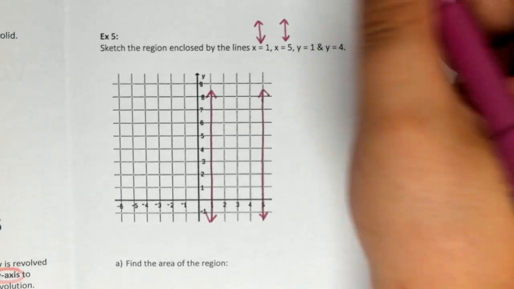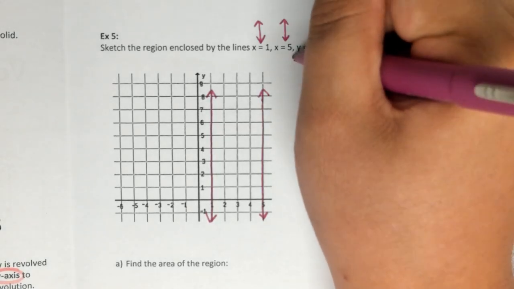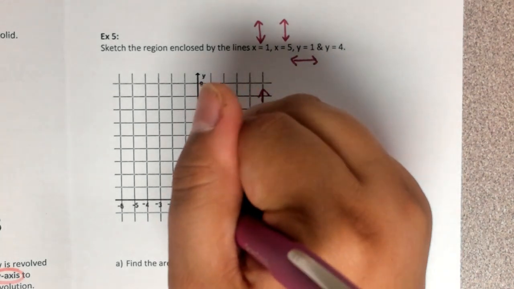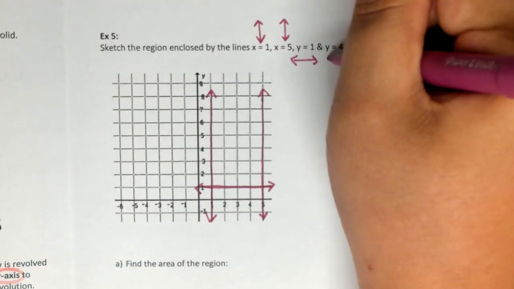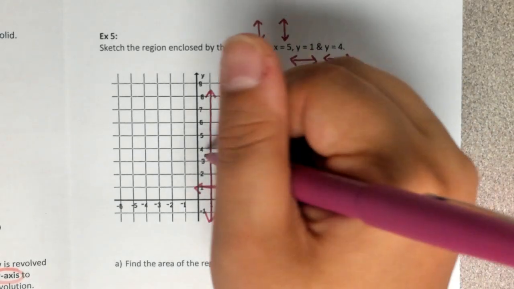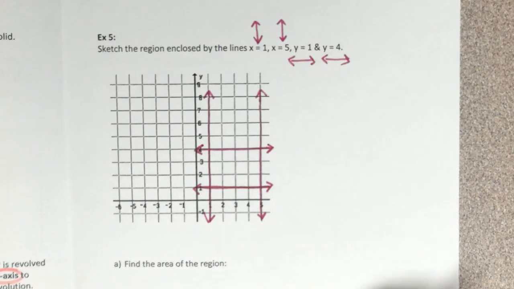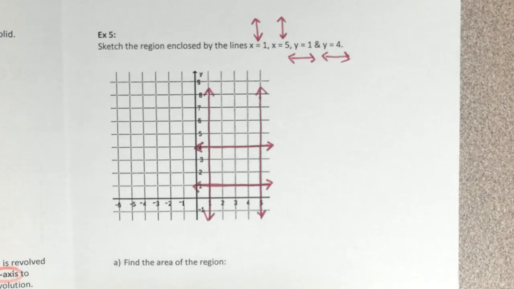Y equals 1. Horizontal line at 1 on the y-axis. And y equals 4. And can you shade the shape that you just created by doing those 4 lines?